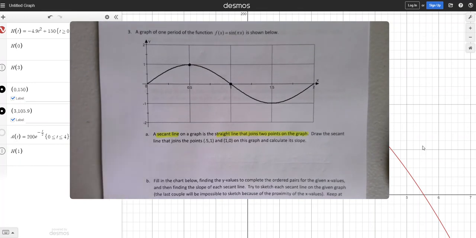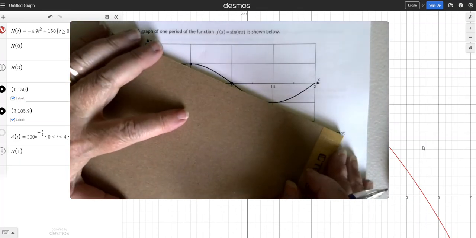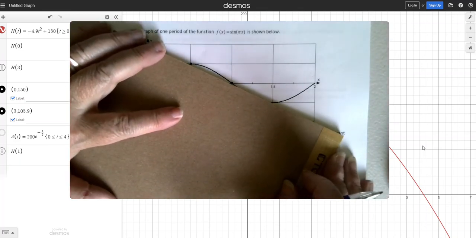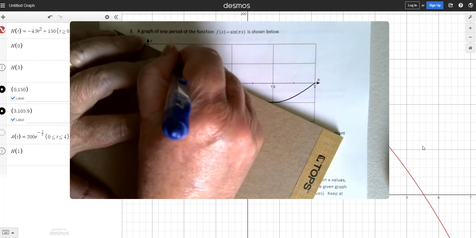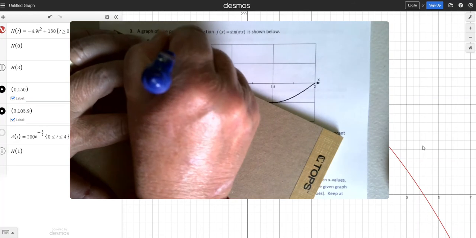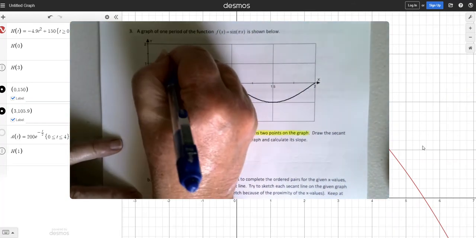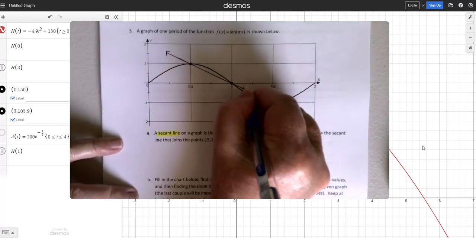And let's see if I can do a reasonable job here of drawing that straight. There we go.